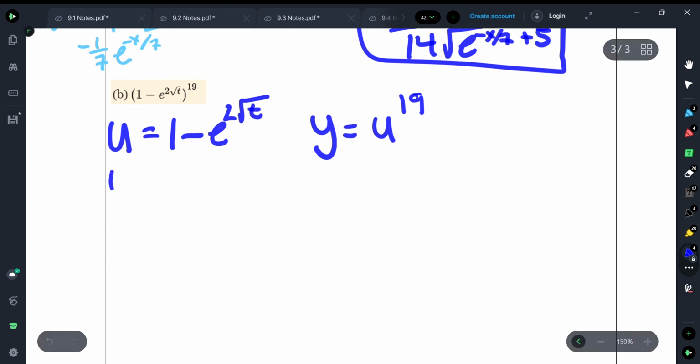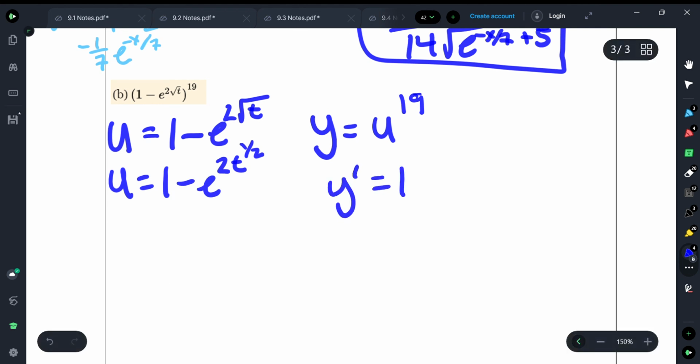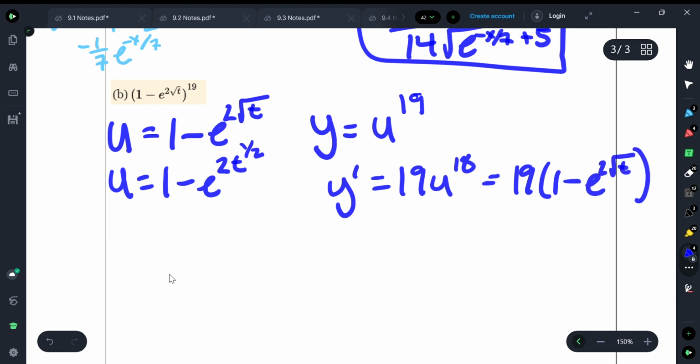So I'm just going to really rewrite this as e to the 2 t to the negative 1/2 power right there. All right. So obviously the outside function is going to be pretty straightforward. And if we substitute in u, we got this here. That's going to be straightforward. Now this one is going to be a little bit difficult.